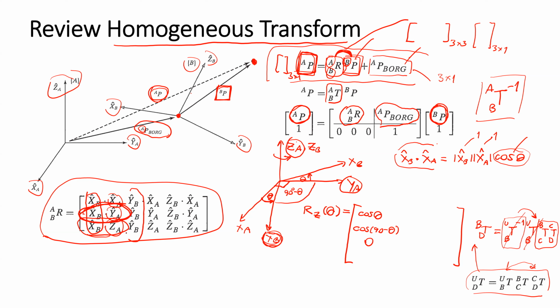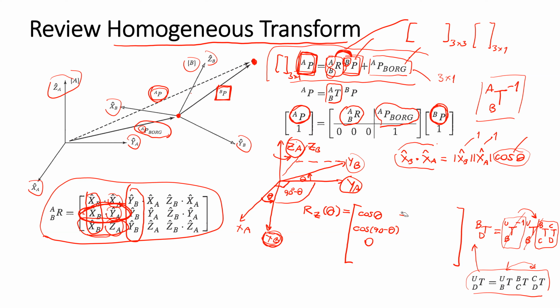How about YB to XA? I'm sorry, this should be YB. YB to XA. The dot product of YB to XA, the cosine of YB to XA, it will be minus.